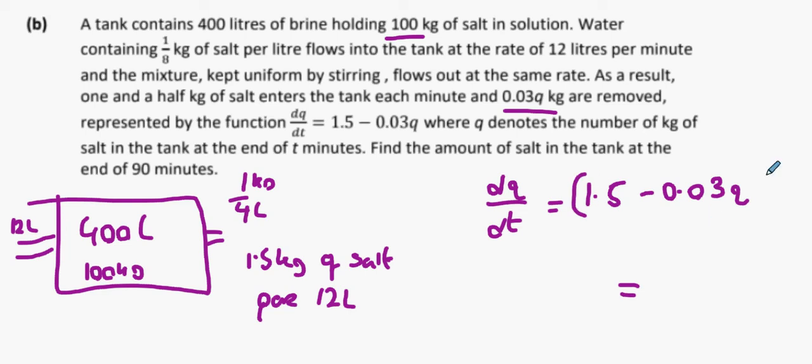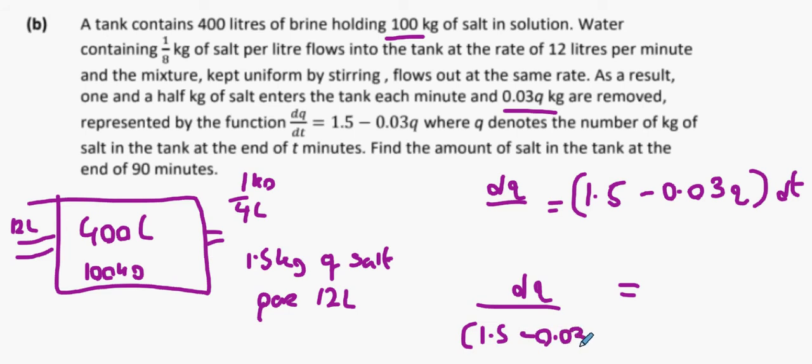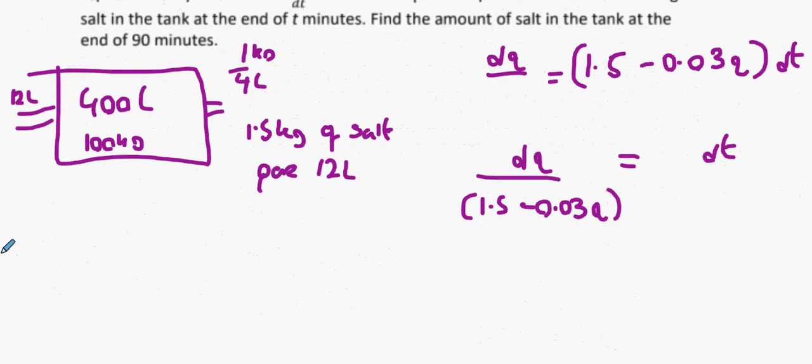The t comes upwards, and 1.5 minus 0.03q goes underneath, so it's going to be dq on the top over 1.5 minus 0.03q, equals dt.